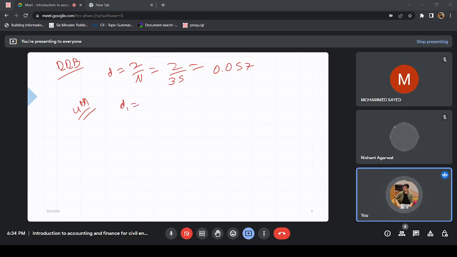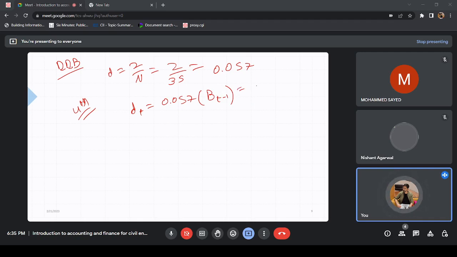The equation we have is depreciation is equal to rate of depreciation into book value of the previous year. So even if we want to calculate it for the fourth year, we would have to calculate the book value of the third year, and only then we can multiply, right?